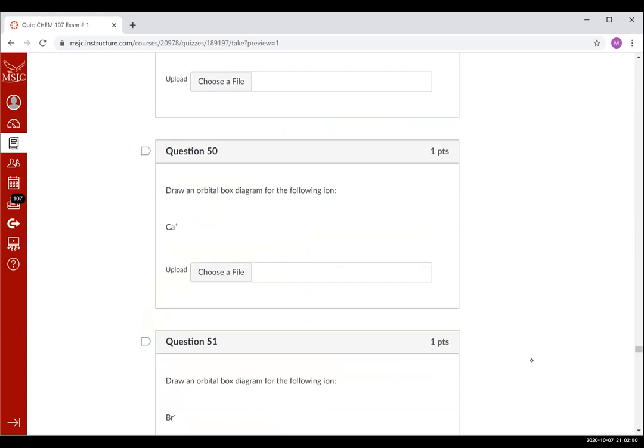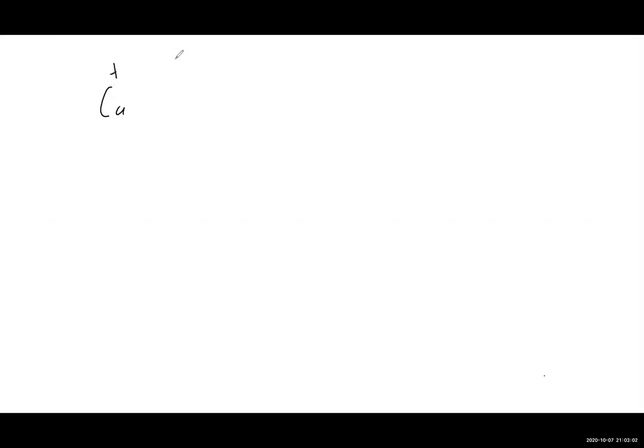So looking at question 50, we're asked to draw an orbital box diagram for calcium plus. So calcium on its own has 20 electrons. So we take 20 electrons minus the charge, which is +1, which gives us 19 electrons.